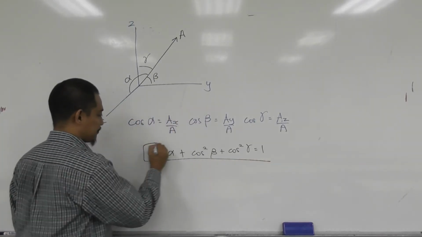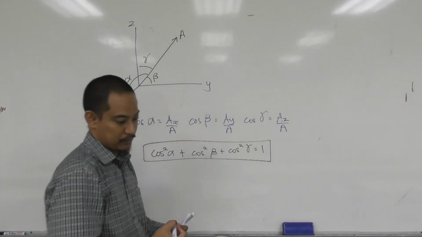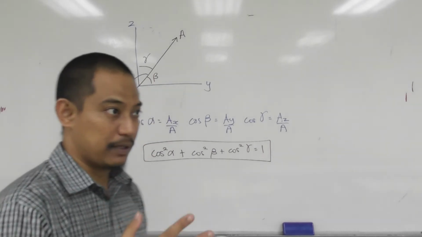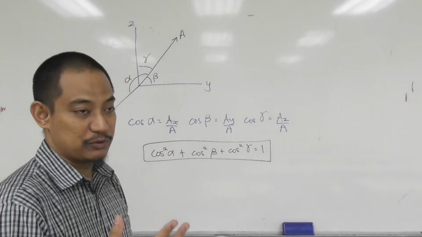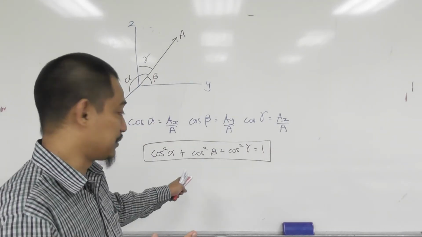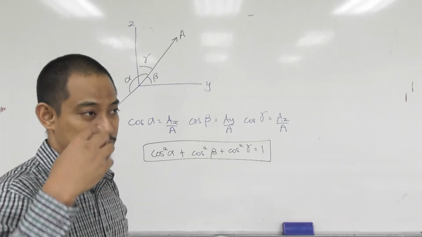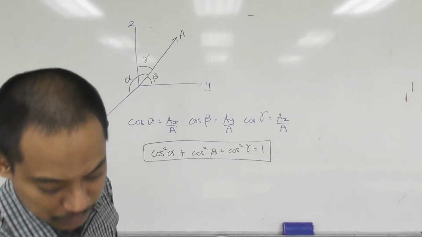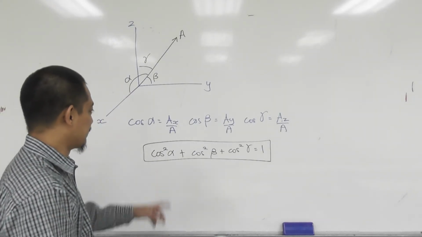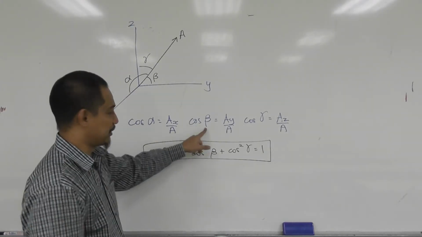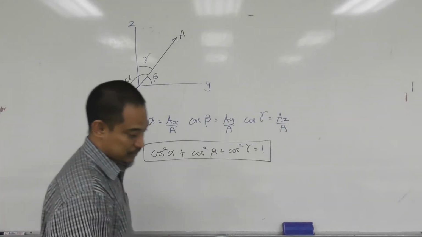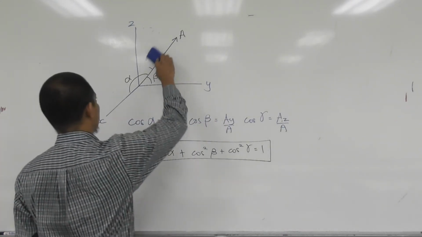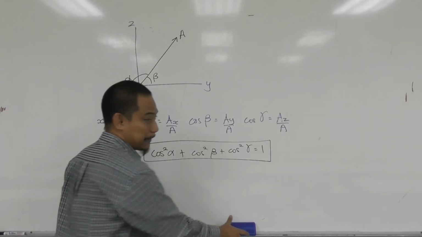This is a purely mathematical relationship, but one of the equations that you should know. You have seen this before, right? But you might have to store it somewhere because sometimes you need to use it. For example, if only alpha and beta are given, and the question does not even give gamma.